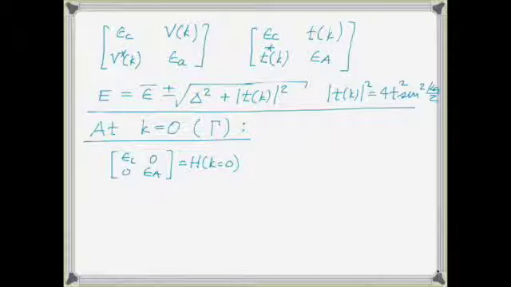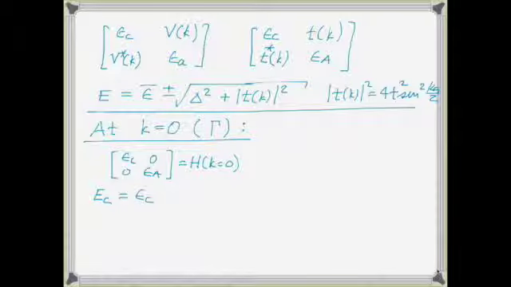If that's my matrix, I immediately know what the eigenstates and eigenenergies are. My conduction band edge, the higher energy, is just epsilon C, because I know that the energy of the cation is a higher energy. The two eigenenergies, for a diagonal matrix, are just the two diagonal elements. Diagonal matrix, the eigenenergies are the diagonal elements.